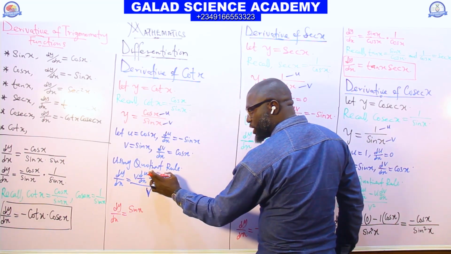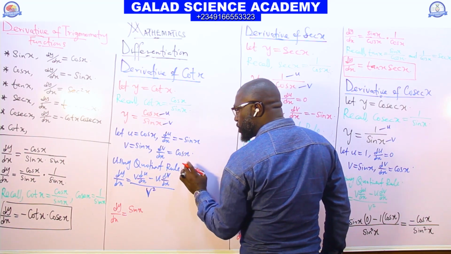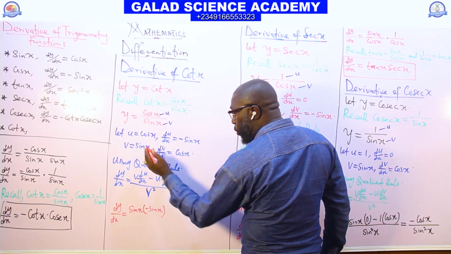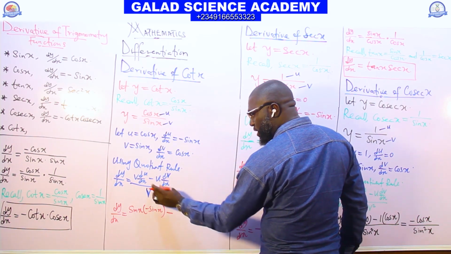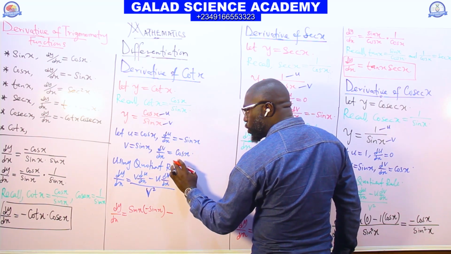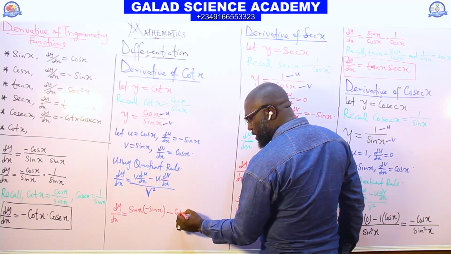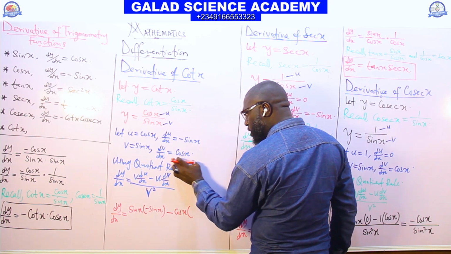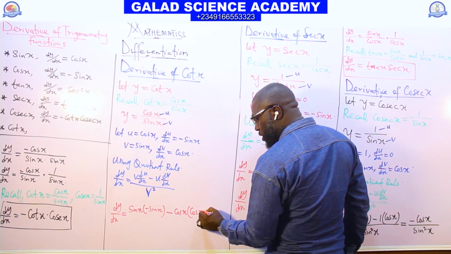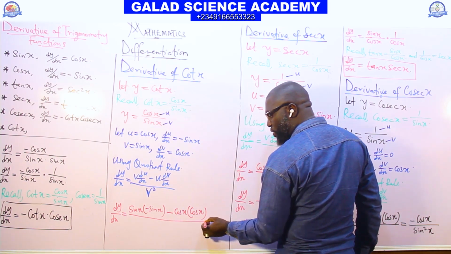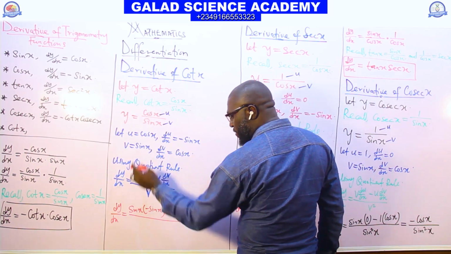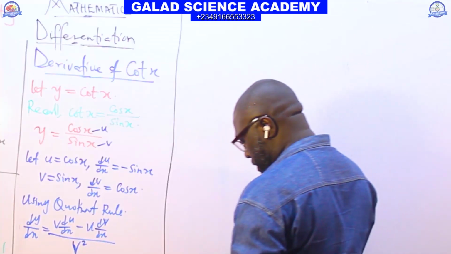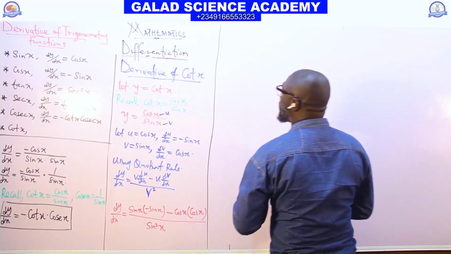Minus u, what is u? u is cos x, times dv/dx, which is cos x. Everything over v squared, and v is sine, so we have sine squared x.